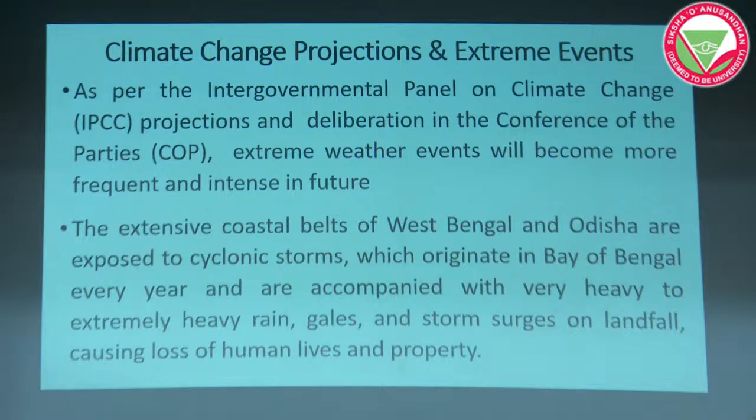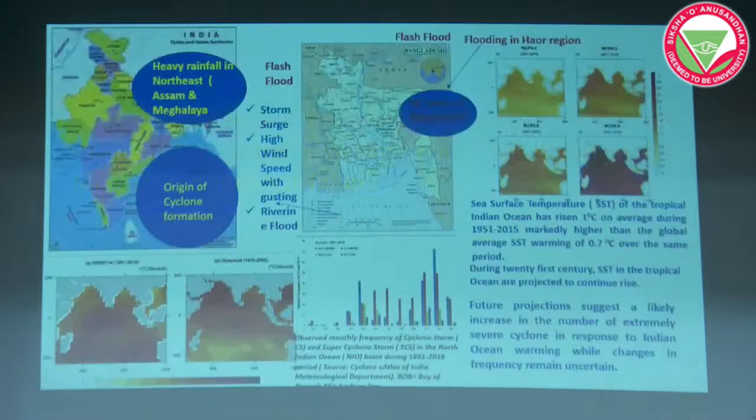Now, what Mohanty Saab has said about extreme events is very, very true. Particularly two regions, one is West Bengal, Odisha and Tamil Nadu, Andhra coast, and another is Maharashtra, Gujarat coast. They will be affected by cyclones. One of the reasons is sea surface temperature. In the Indian Ocean, sea surface temperature has increased by 1 degree, but the world average is 0.7.